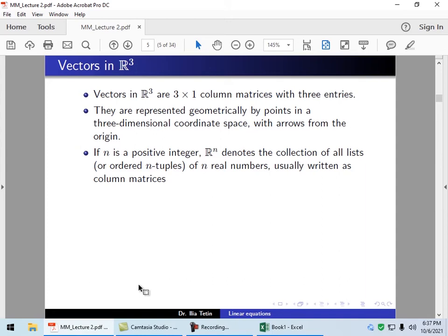They are represented geometrically in 3-dimensional space. So generally we need to consider 3 coordinates and draw something inside these 3 coordinates. It will be like 3-dimensional rectangles, and our vector will be a line inside this 3-dimensional space.